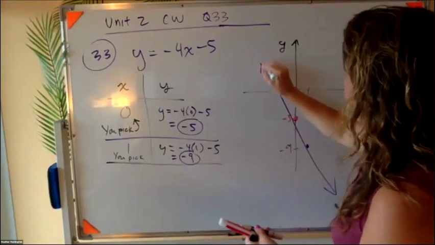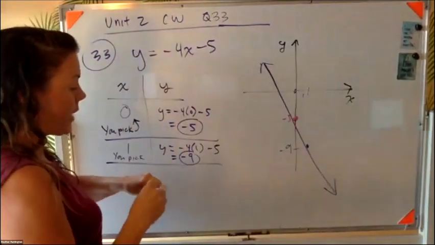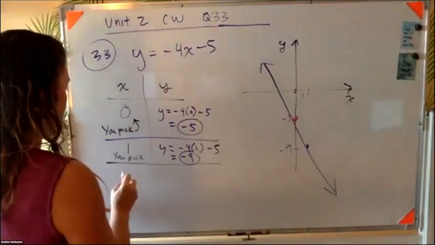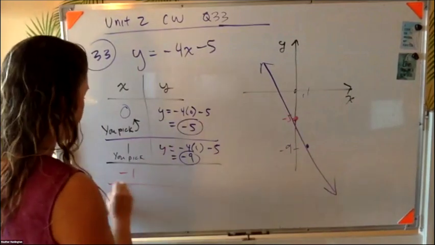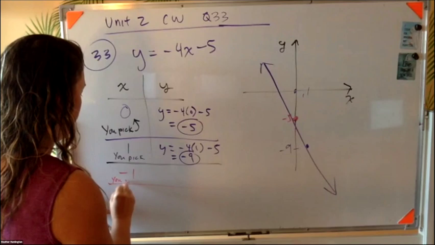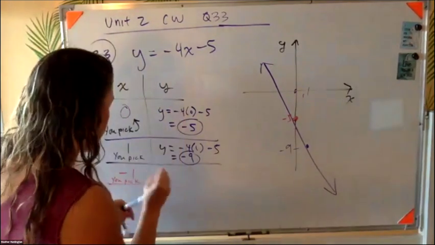But like I said, we want to choose a third point just to make sure it's collinear. It's a checking point, that last one. Why don't we choose like -1? Again, another small number that you pick. And let's see what we get when we substitute it in here.